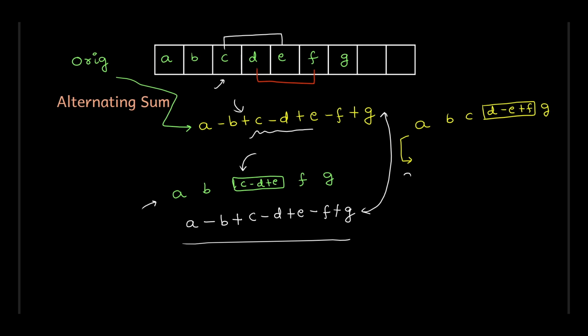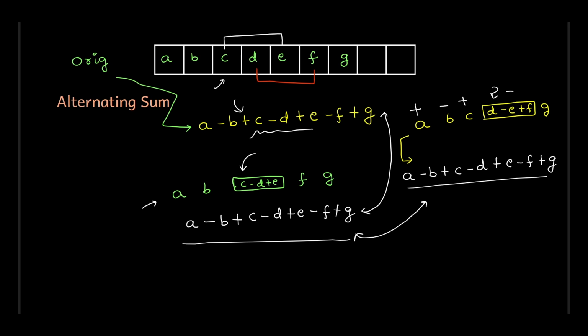So you can see that it is A minus B plus C, and now this entire box needs to go into the negative section because you are considering an alternating sum on the elements that remain. So this is plus, this is minus, this is plus, and this entire box is minus. So this would become minus D plus E minus F plus G, which is surprisingly the same as the original alternating sum.